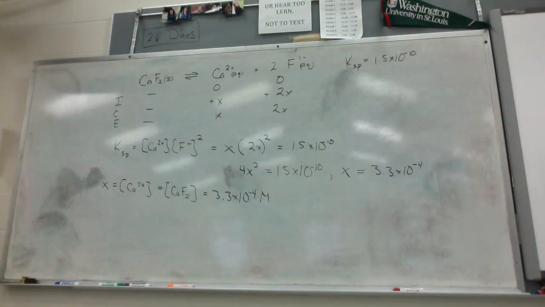Okay? We're going to make a little leap of faith here. We're talking about 3/10,000ths of a mole. That's not very much. So if I had 1 liter of water and added 3/10,000ths of a mole of this material to the water, how's the volume of the water going to change?